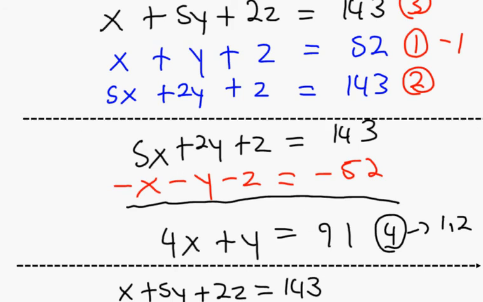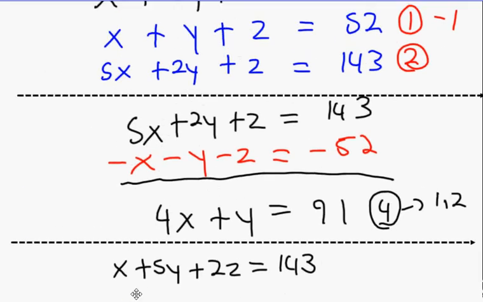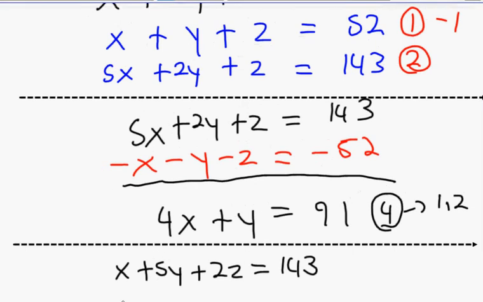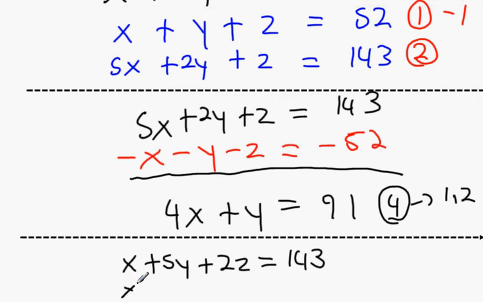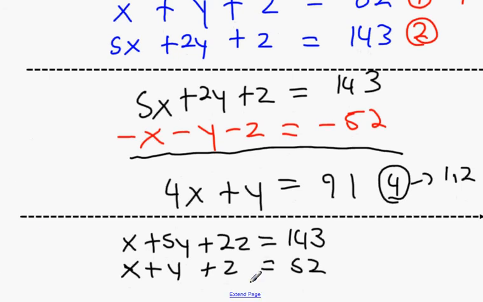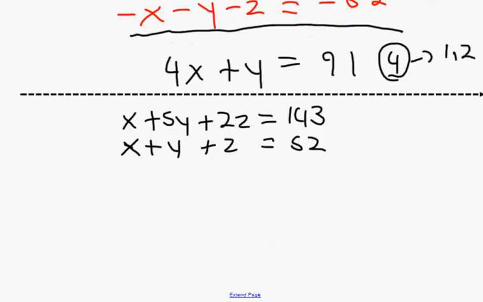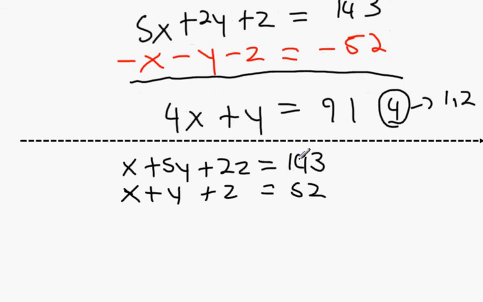The next one is x plus y plus z equals 52. Now we need to work on the two of these.